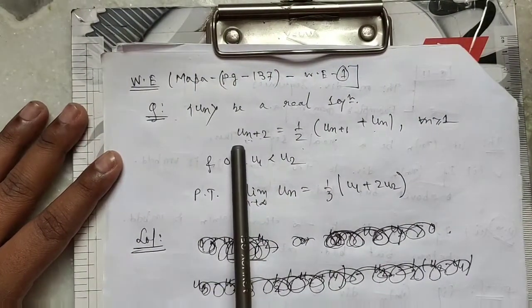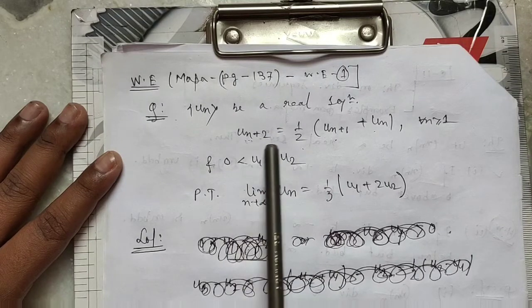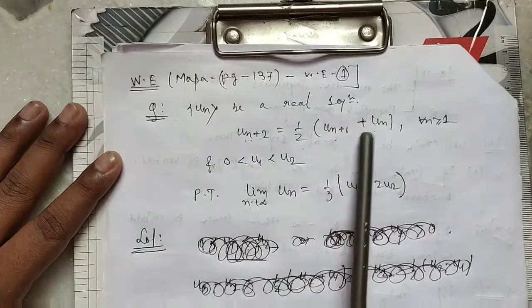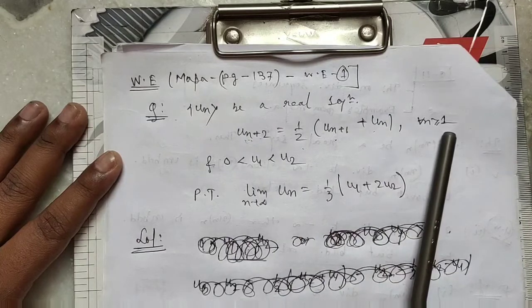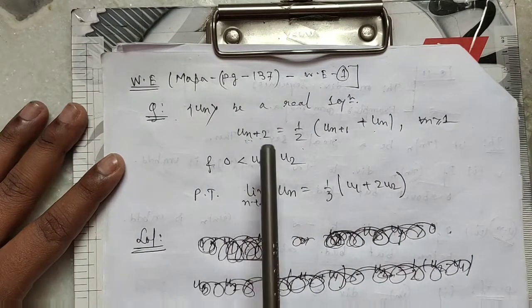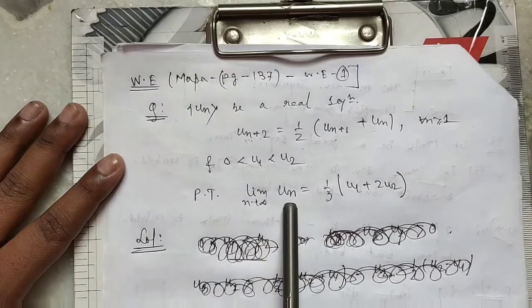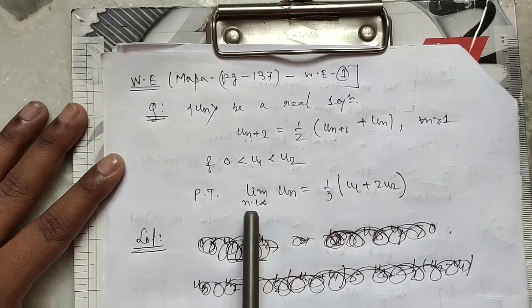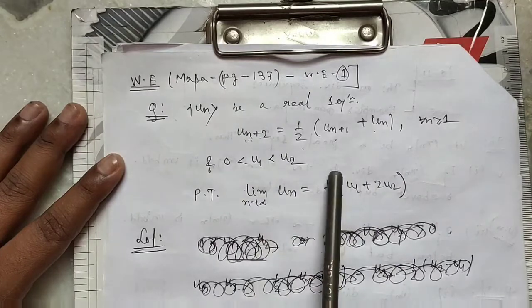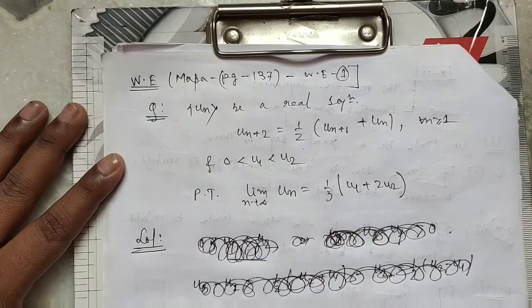Let un be a real sequence and un plus 2 is defined by half of un plus 1 plus un for all n greater than or equal to 1. Given 0 less than u1 less than u2, we prove the limit as n tends to infinity of un equals one third of u1 plus 2 u2, that is, the sequence un converges to 1 by 3 (u1 plus 2 u2). So let us start.